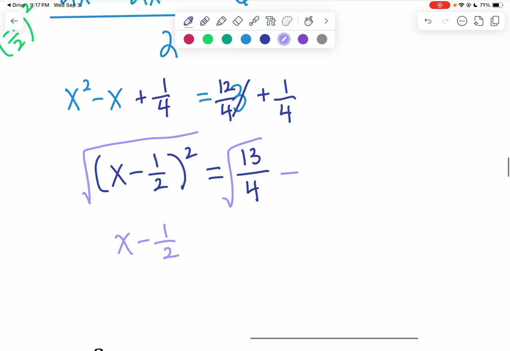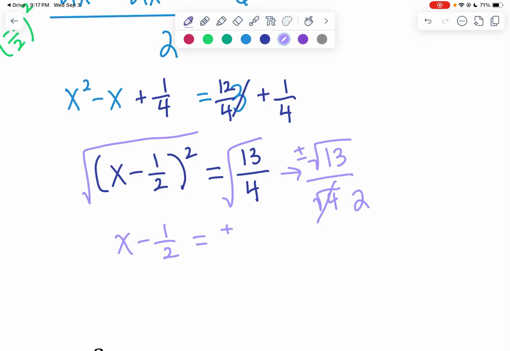And then over here, remember you can't have a radical in the denominator, so that would be √13 over √4. And the square root of 4 is just 2, so it's going to be x minus 1/2 equals plus or minus √13 over 2.